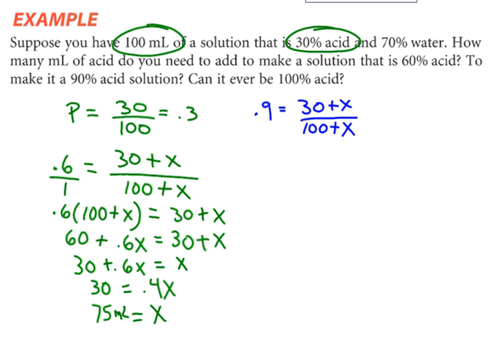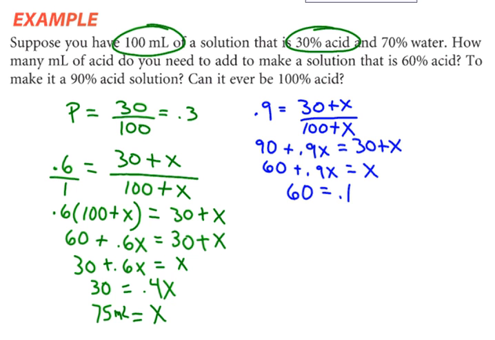0.9 times 100 is 90. 0.9 times X is 0.9X. That's going to equal 30 plus X. Subtract 30 from both sides, we get 60 plus 0.9X equals X. Subtract 0.9X from both sides, and we get 60 equals 0.1X.